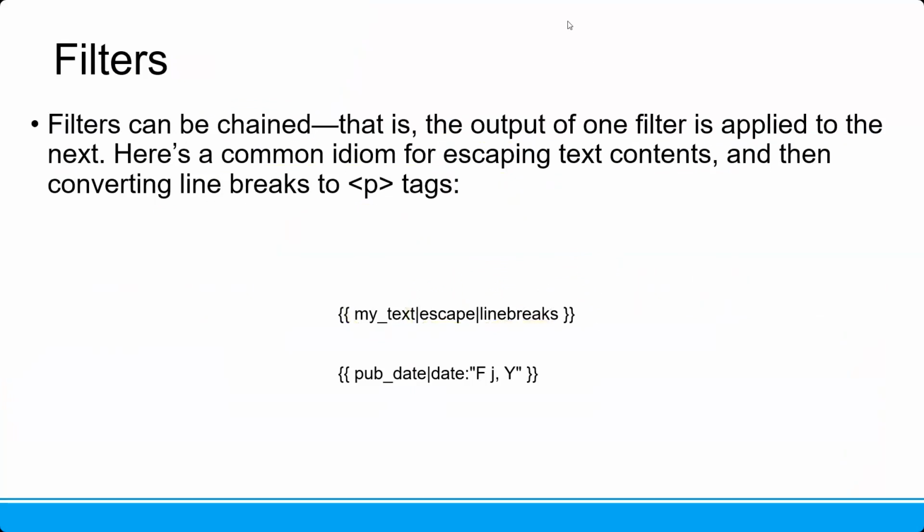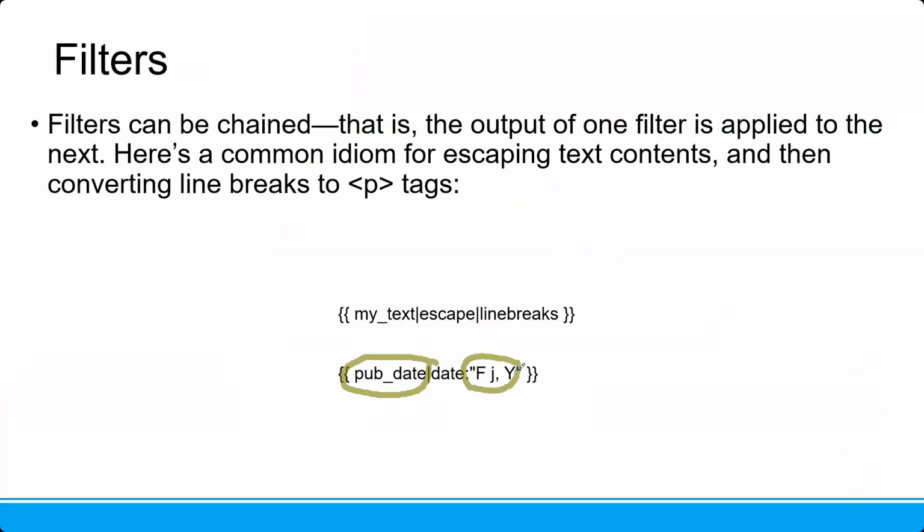Or we can also do the filtering for date. If you have a date, you know the date in Korea will be different from the date format in the US. The date in the US will be different from the date in India, in China, and so on. So we can have a kind of format, or we have the filter.